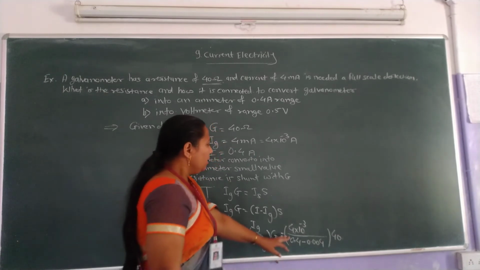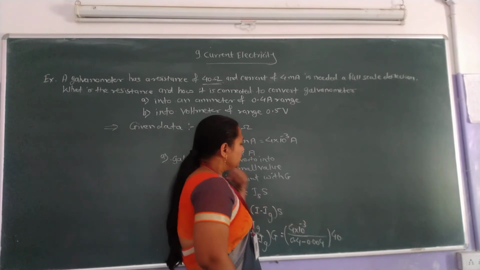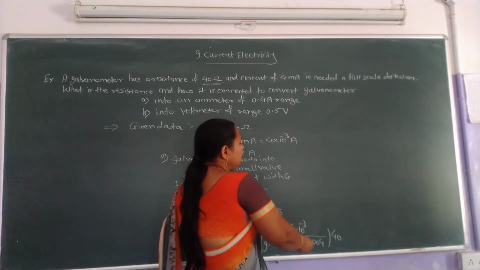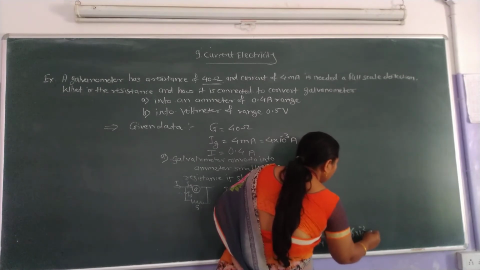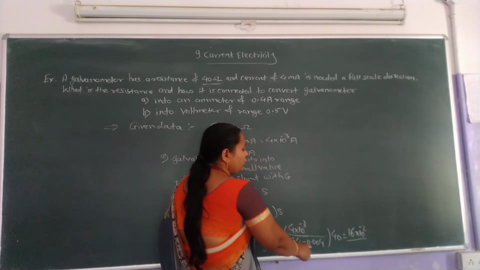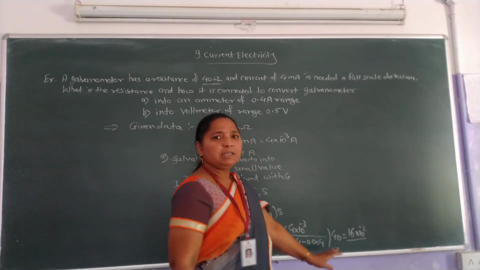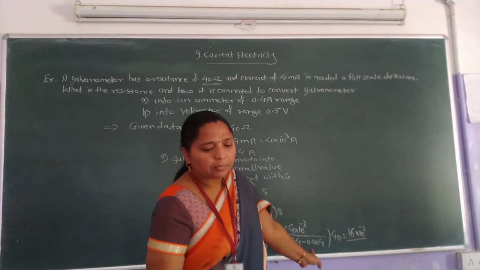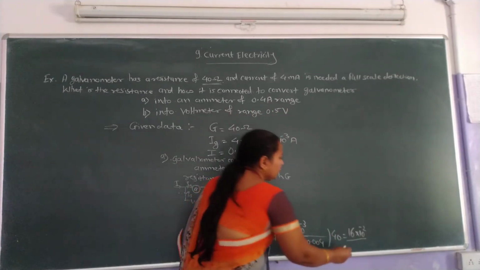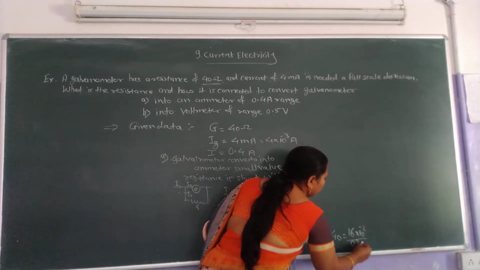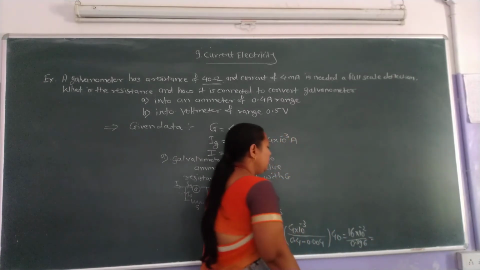Calculating 4 into 4 gives 60 into 10 raised to minus 2, upon 0.4 minus 0.004, where the subtraction is 0.396.